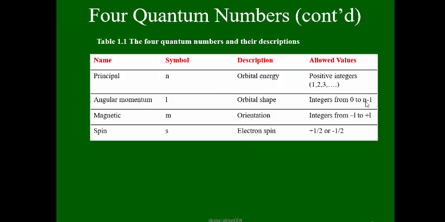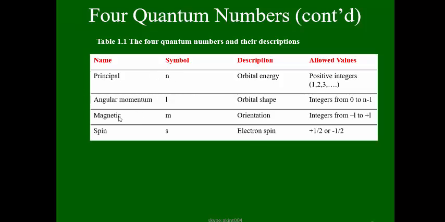If n is equal to 2, we have 0 and 1. If n is equal to 3, we have 0, 1, and 2, and so on. So there is no way the value of L will be more than the value of n. The angular momentum quantum number is dependent on the principal quantum number.